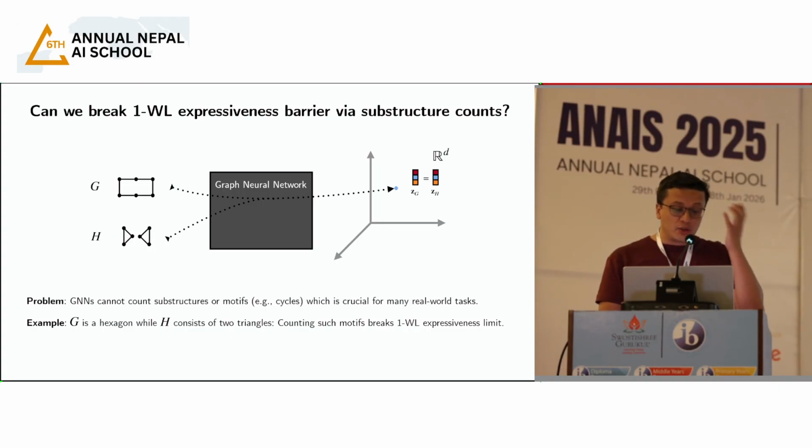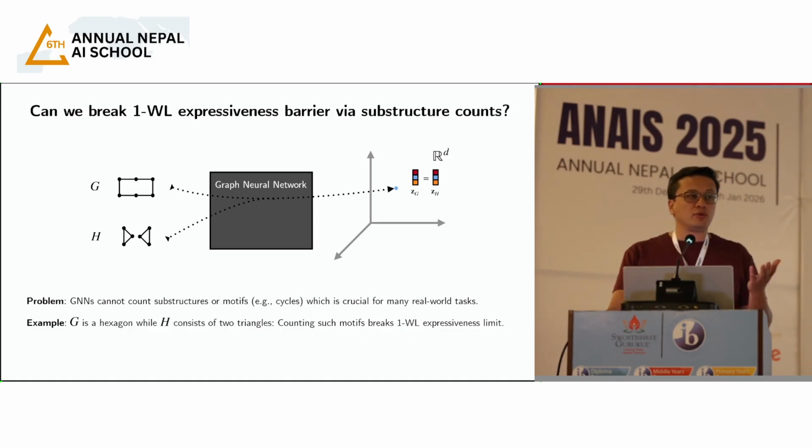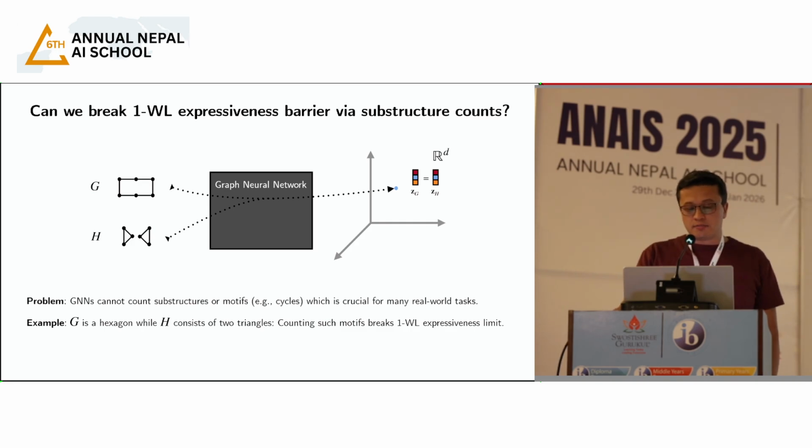So this means that it actually cannot detect triangles. More generally, graph neural networks can actually not detect cycles. So this is a severe limitation, especially when it comes to making predictions with molecules and similar structures. And this is actually quite important for many real-world tasks.